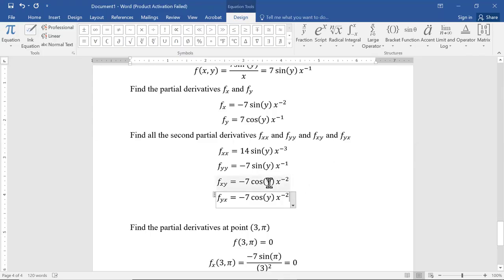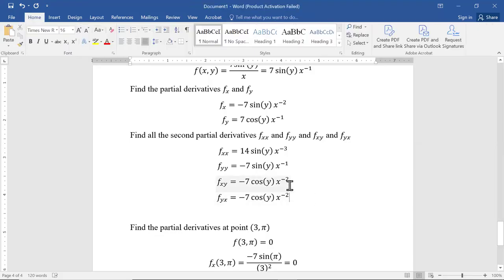Again, notice what's going on. F sub xy and f sub yx became the same thing. That's happened in every example that we've done so far. And it turns out that's always going to happen. We'll explicitly state that on a slide in just a second.